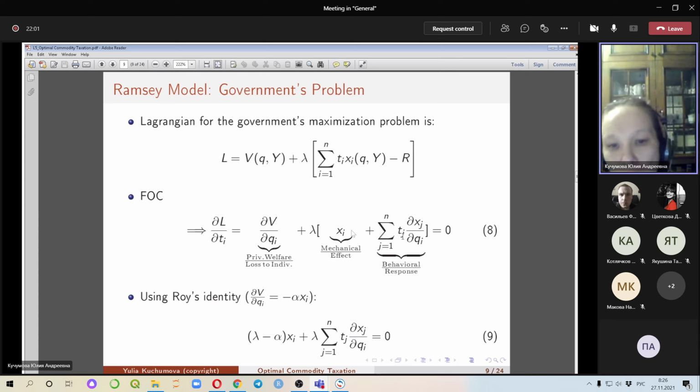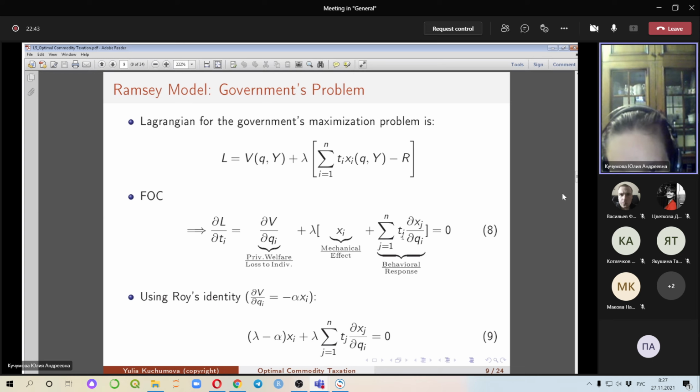The effect on tax revenue due to a change in taxes is characterized by two effects, the mechanical effect and the behavioral effect. These effects are connected with the government's goal of maximizing revenue, and the first derivative is about the government caring about individuals' welfare.